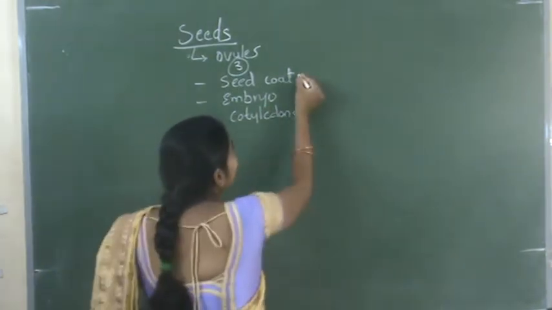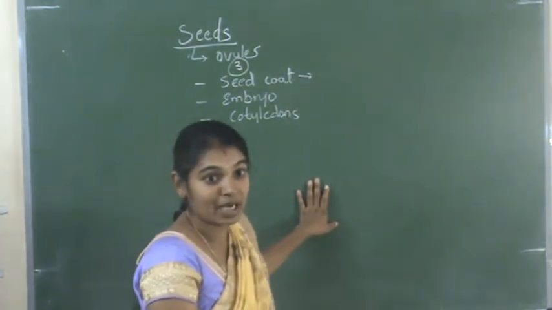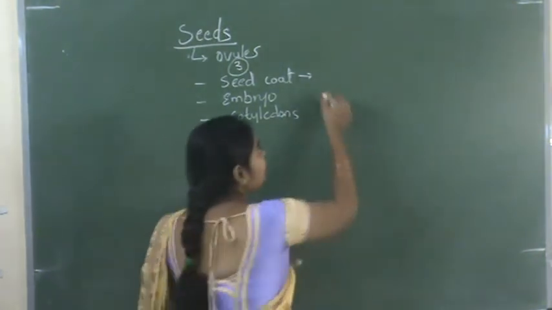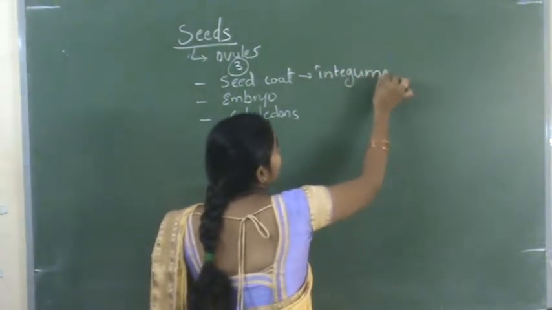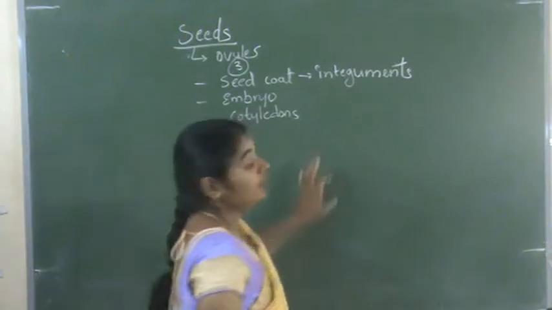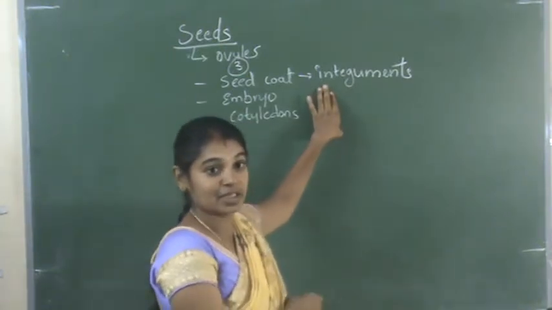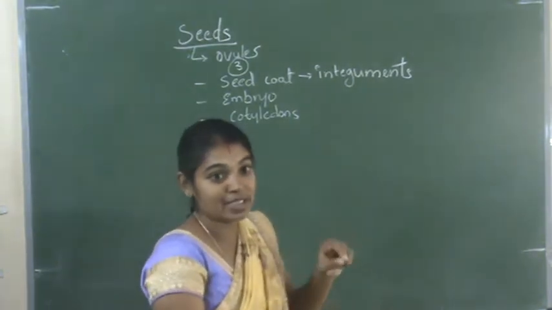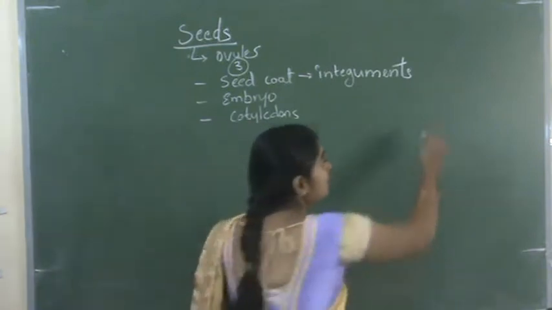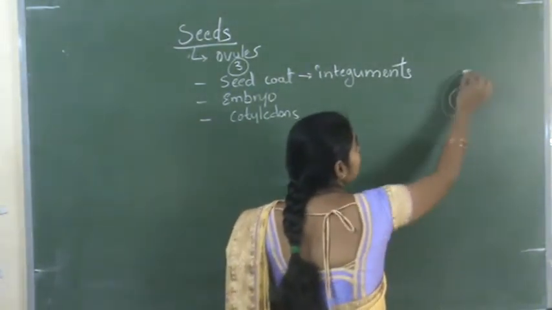Here the seed coat is developed from the integuments. So what are the integuments? When we discussed the structure of the ovule, the ovule contains the embryo sac and the nucellus.